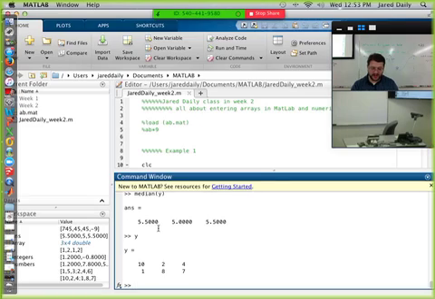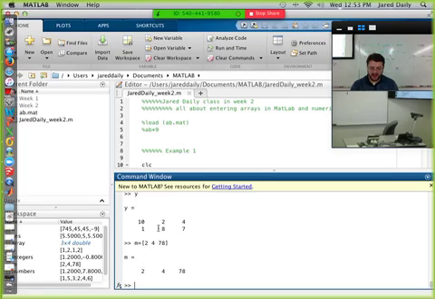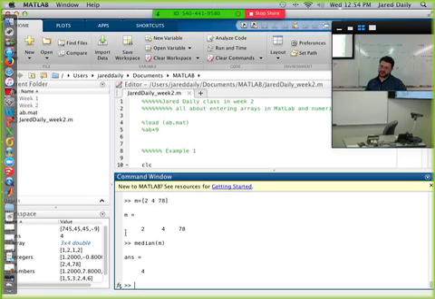However, if I make a new array called M with 2, 4, 78, for example, and take the median of M, it's just going to take the number in the very middle.